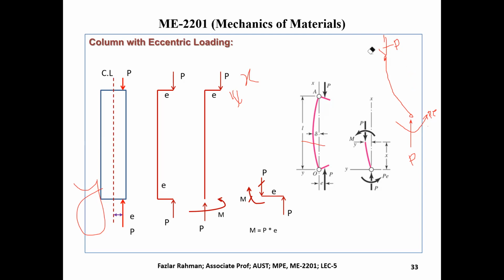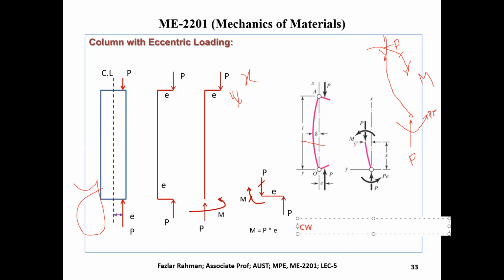Both try to rotate this column anti-clockwise, so there will be one bending right over here. It's clockwise bending. And how will you figure out that bending? You take the moment over here. Say this moment is M.